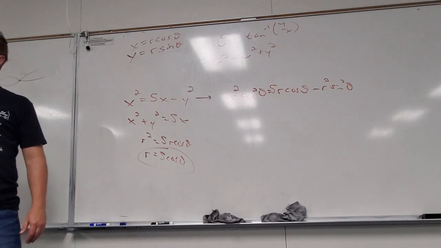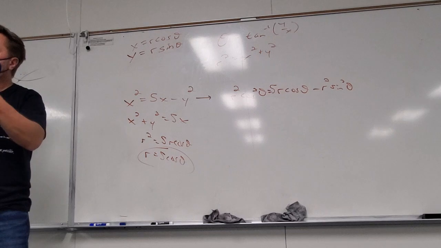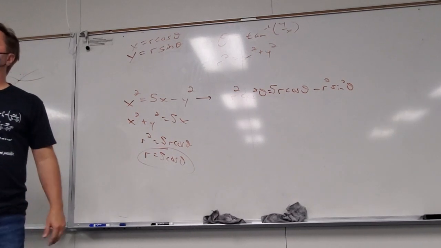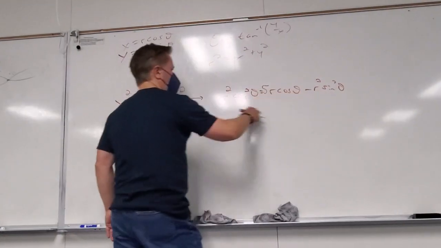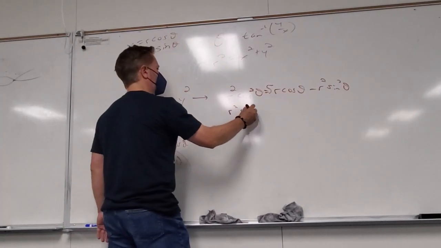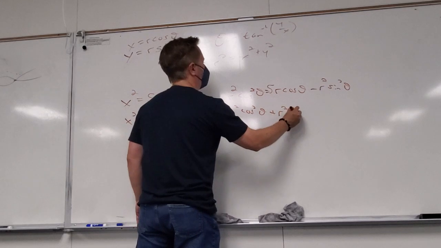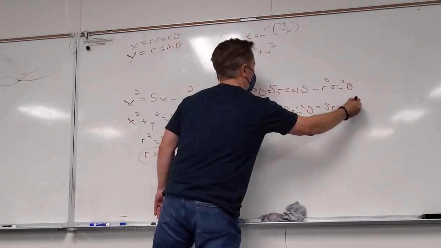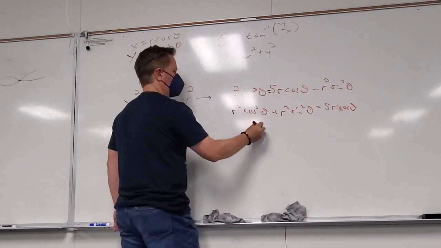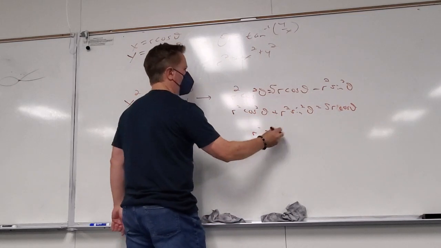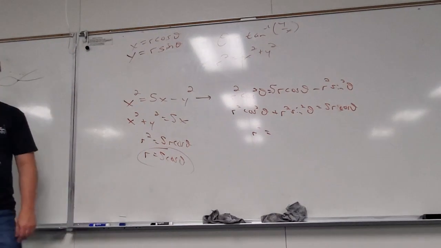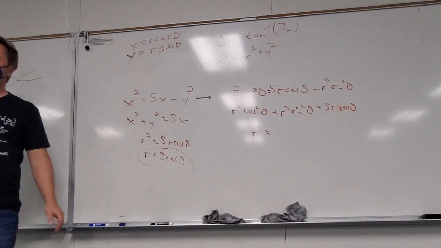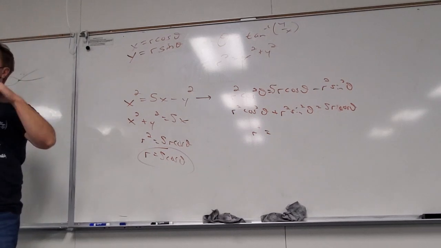Do you see two trig functions that, if you put them together, become something much better? They become 1. So if you move this over, just like we did with that, r squared cosine squared plus r squared sine squared equals 5r cosine theta. So if you pull out an r squared, you get r squared times cosine squared plus sine squared, which is 1, and then you end up right there. So again, if you don't see that, it's not going to kill you. You just have a little more simplification to do.